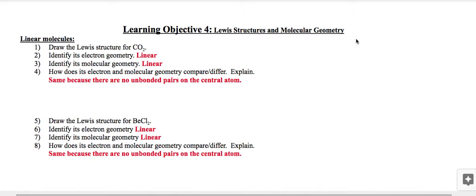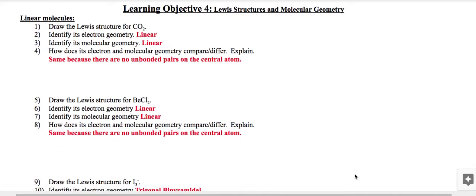we can look at molecular geometry now, which is learning objective 4. And we have the different kinds of geometries here that's broken down into individual steps. And I just kind of want to show you how each of these looks.